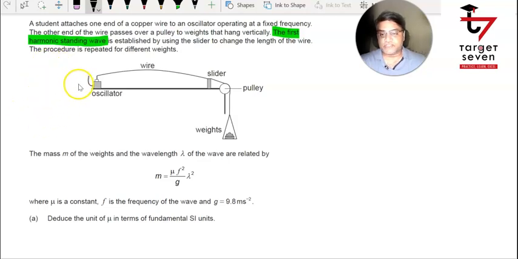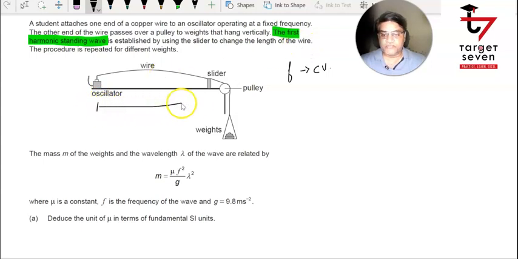A student attaches one end of a copper wire to an oscillator operating at a fixed frequency, indicating that frequency here is a controlled variable. The other end of the wire, it says, passes over a pulley to weights that hang vertically. Alright, the first harmonic standing wave is established by using the slider to change the length of the wire.